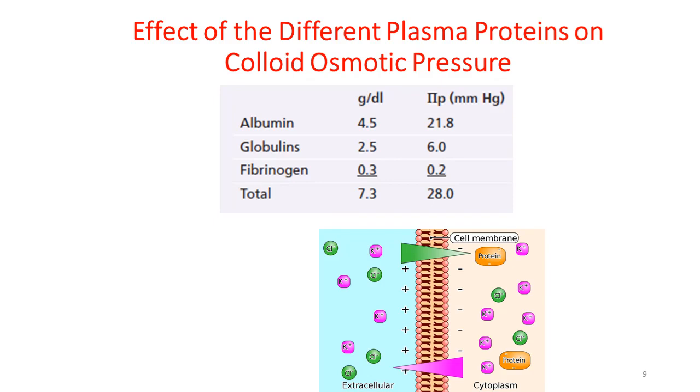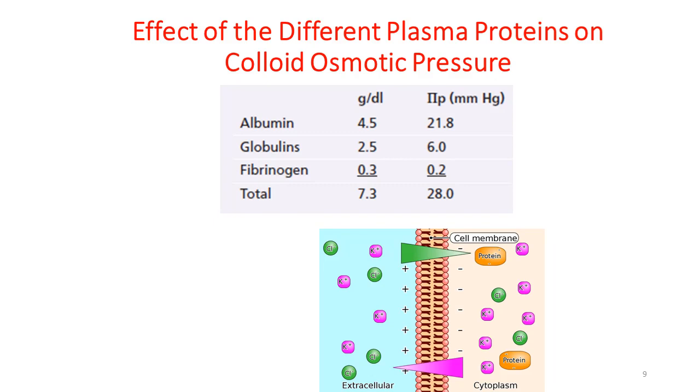And the second important protein for the colloid osmotic pressure of plasma is globulins, which produce 6 millimeters of mercury. Fibrinogen produces 0.2 millimeters of mercury. The total summation of these three important proteins for inducing colloid osmotic pressure is 28.